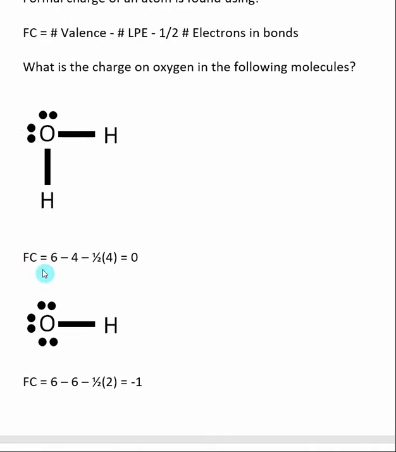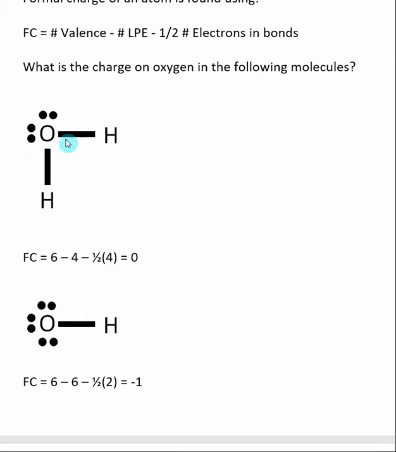The formal charge is going to be equal to the number of valence electrons, so oxygen has 6 valence electrons, minus the number of electrons in lone pairs. Remember, each one of these is paired, but in total there are 1, 2, 3, 4 electrons as lone pair electrons. And then we take 1/2 of the number of electrons inside of bonds.